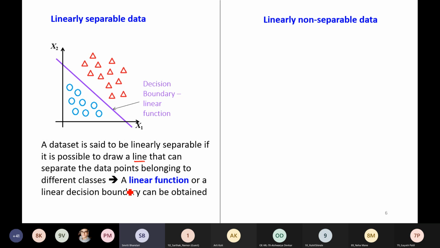Right? So, in linearly separable data, it is possible for us to find a linear function or a linear decision boundary.